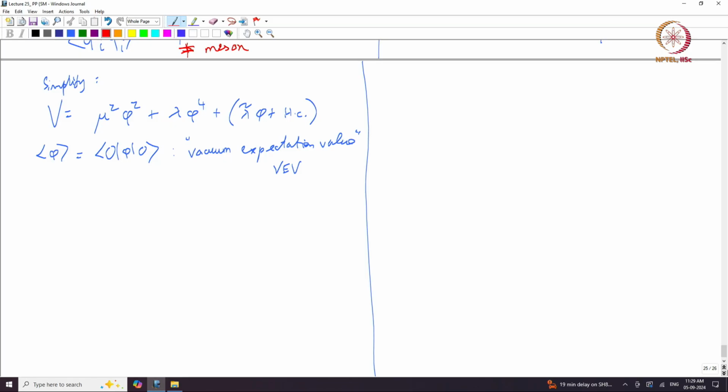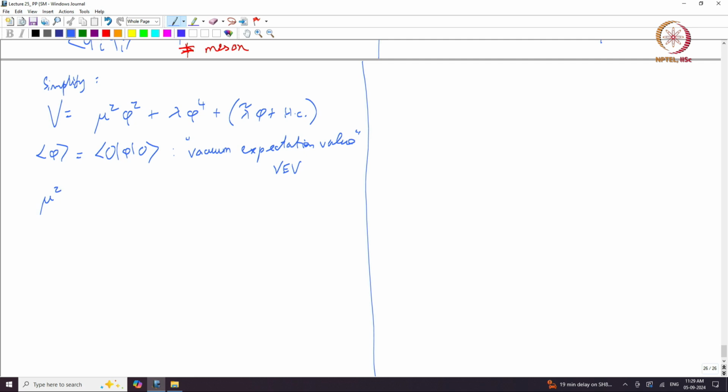Excellent. So, now let us look at one particular limit, and then I will wrap up this lecture. In the next lecture we will see the other limit and then go on to the realistic way of doing symmetry breaking, the real world way of doing it. Good. Now, imagine that at the minimum the first term was smaller.